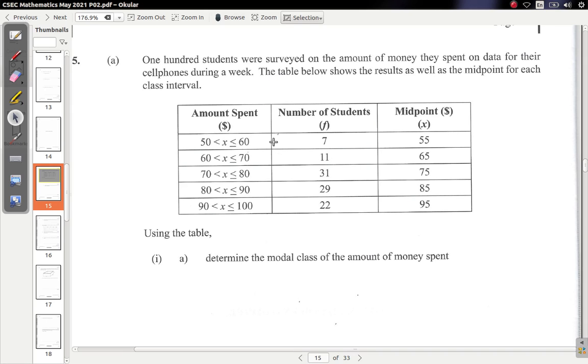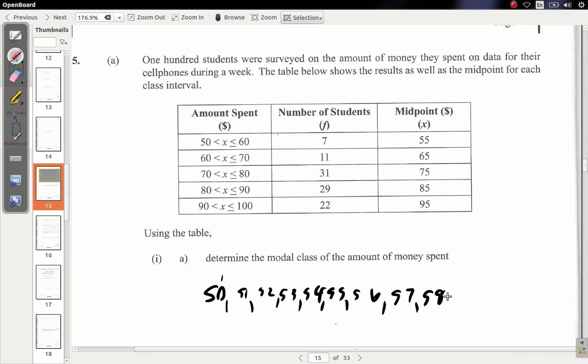Because if you say you have 50, 51, 52, 53, 54, 55, 56, 57, 58, 59, 60, the midpoint is 55.